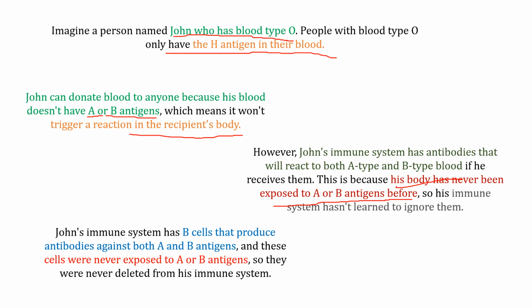John's immune system has B cells that produce antibodies against both A and B antigen, and these cells were never exposed to A and B antigen, so they were never deleted from his immune system. So in simple terms, even though John can donate blood to anyone because of his blood type O, if he receives blood with the A and B antigen, his immune system may react to them because it has not learned to recognize them as safe.